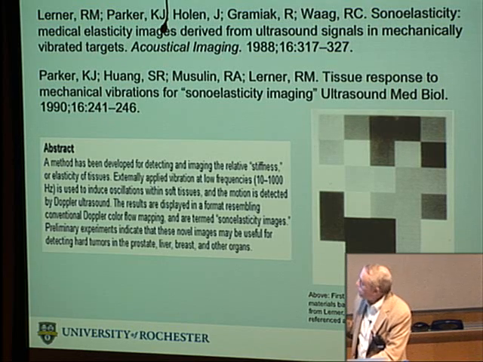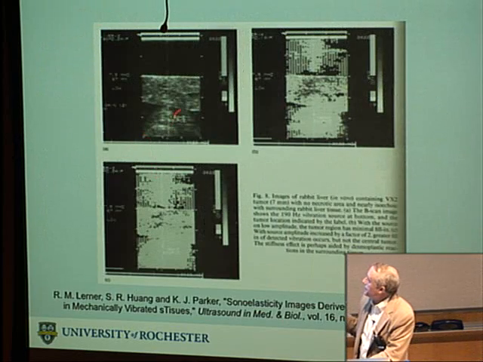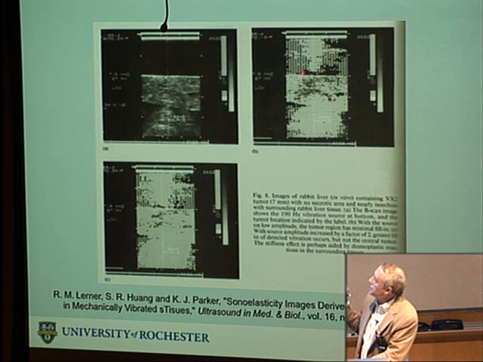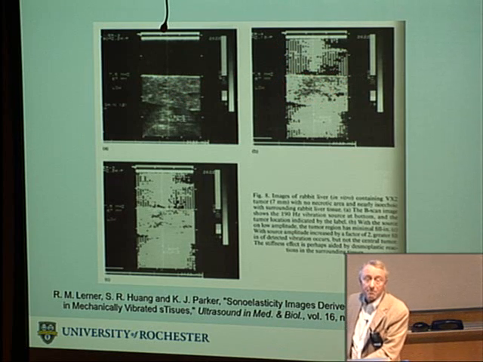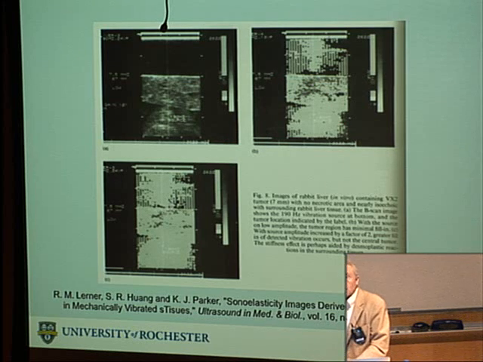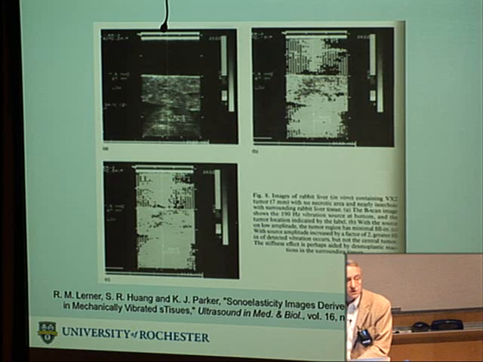So we published a few papers, and then this is a commercial Doppler scanner, and this is an excised rabbit liver that has a VX2 tumor in it. And the originals are in color, but basically we can fill in the Doppler. It's very crude, this is a bistable Doppler imaging device, very crude, but still we're able to put together some patterns of high conducting and low conducting of shear waves going through tissues.